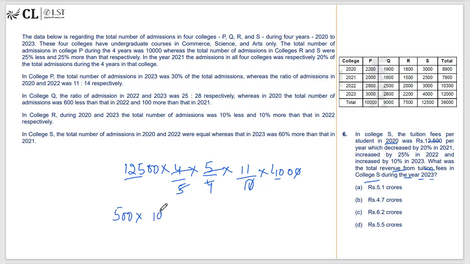Then we have additionally 4 more zeros and we have 11. Now just look at the significant digits. 11 into 5 is 55. So it has to be some 55 lakhs or 55 crores or whatever. Look at the options. You have 5.5 crore. All you need to take care of now is the zeros. So the answer is going to be D, 5.5 crore.